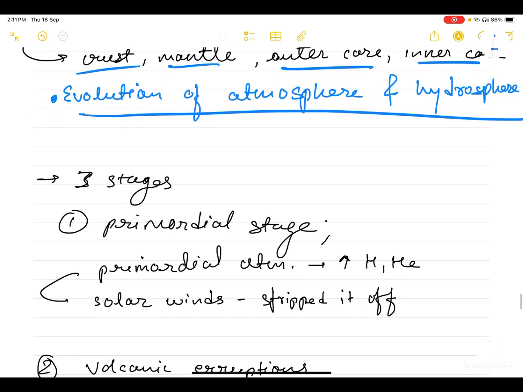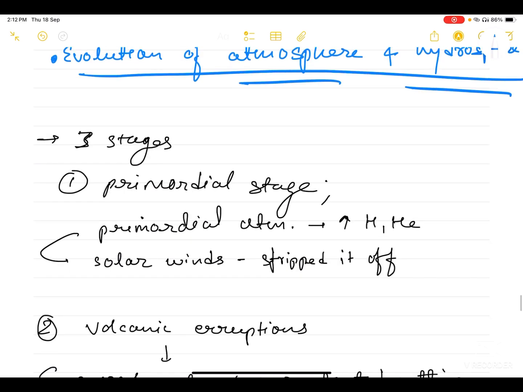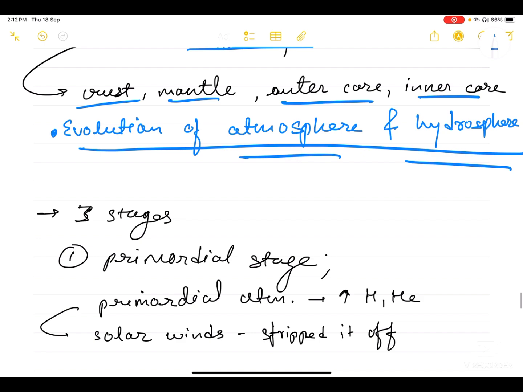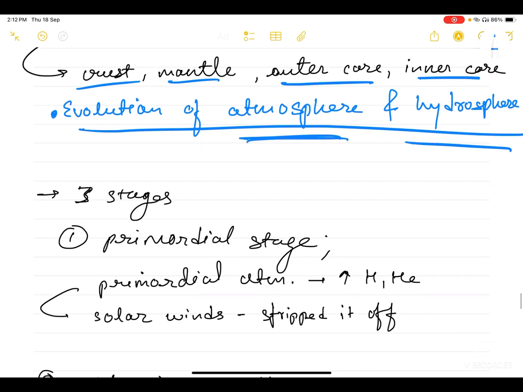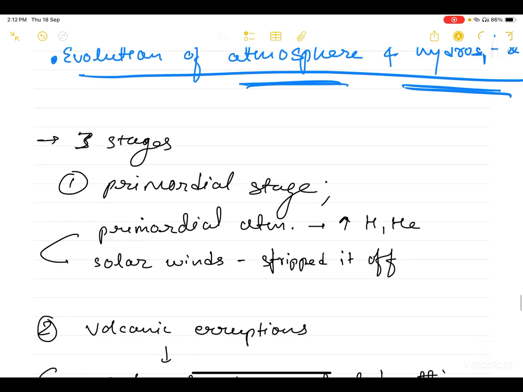Finally, we have the evolution of atmosphere and hydrosphere, as the hydrosphere itself is formed in the second or third step of the entire process. This evolution is given in three stages.